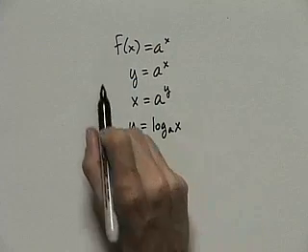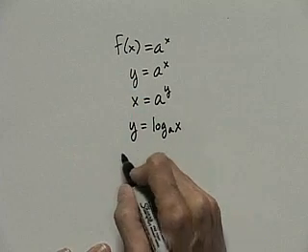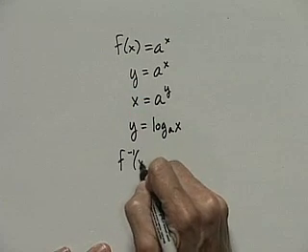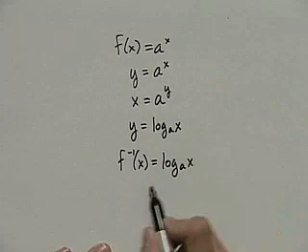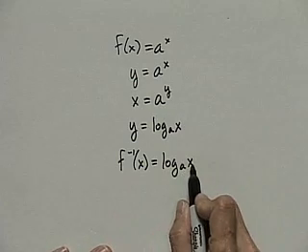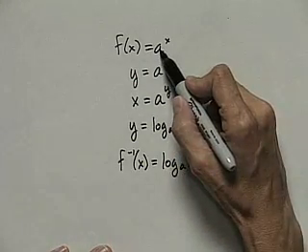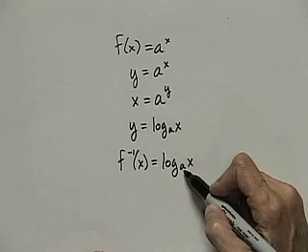The inverse function for f of x equals a to the x is this function. Using inverse function notation, we say f inverse of x is log base a of x. Notice the base of the exponential function and the base of the logarithmic function are the same.